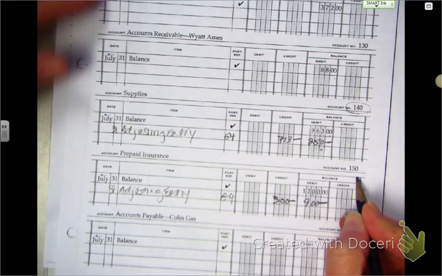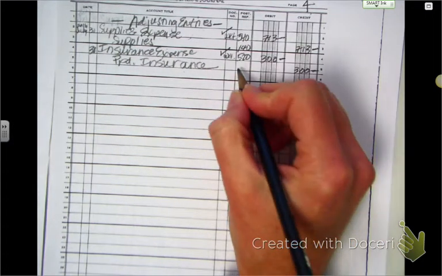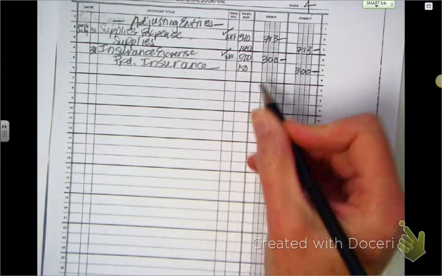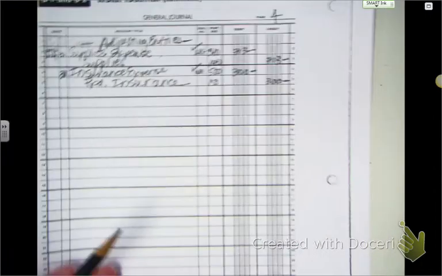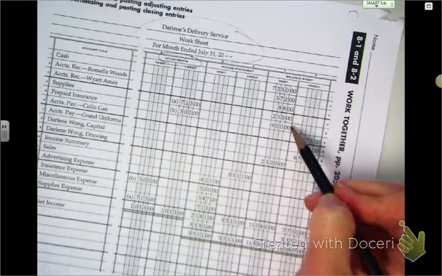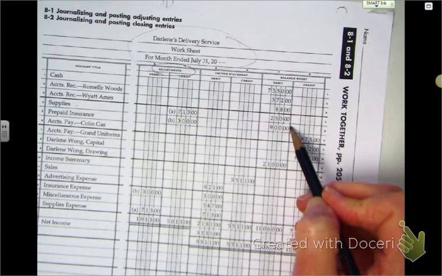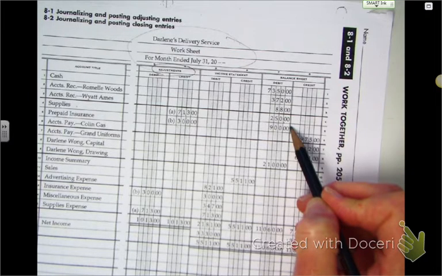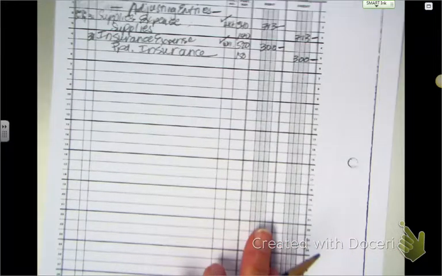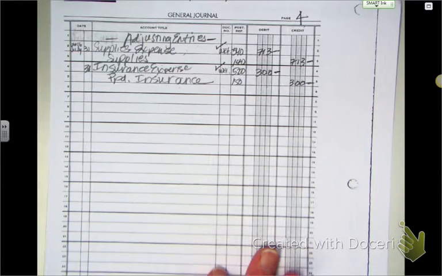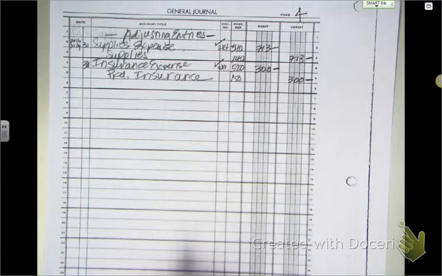I take that $150, the account number, and I bring it back over here and I put it in the journal. And again, my $900, that should be the same amount as in the balance sheet column of my worksheet. And now I'm done with my adjusting entries. Any questions?